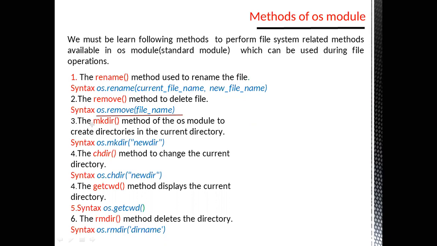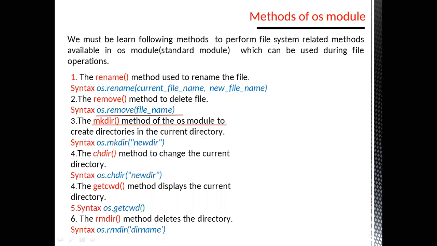The third one is the mkdir method. This method is used to make or create a directory in the current directory. It means we can say in the present working directory we can create a new directory.